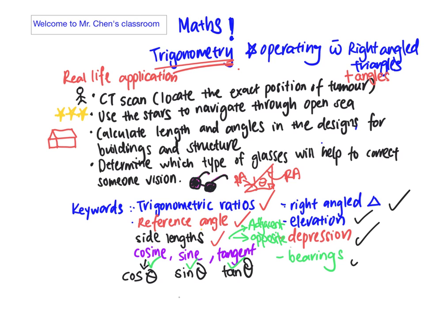Bearings is pretty much at what degree two things differ from each other, and also distance. If you have one location here and one location here, both facing north, exactly how far are they from each other. You will be learning about that under bearings.